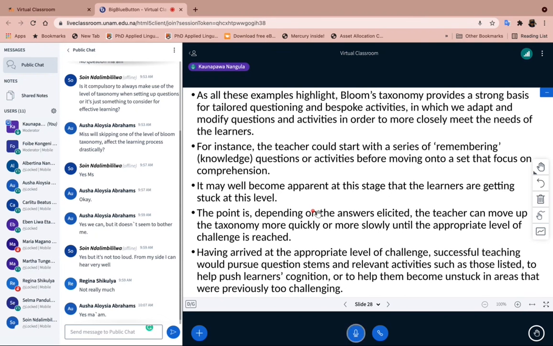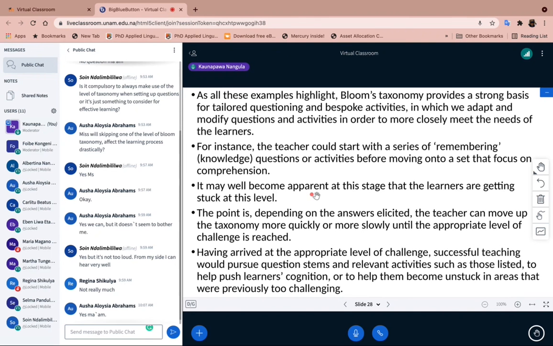And then it may well become apparent at this stage that the learners are getting stuck at this level. So when you see that they are getting stuck at a certain level, then you have to move back a little to help them, so that they accomplish a certain level.